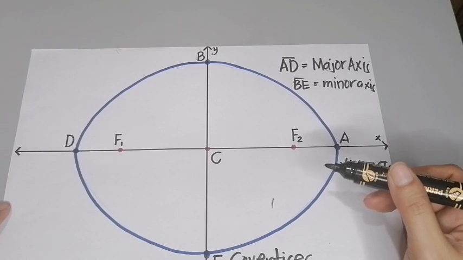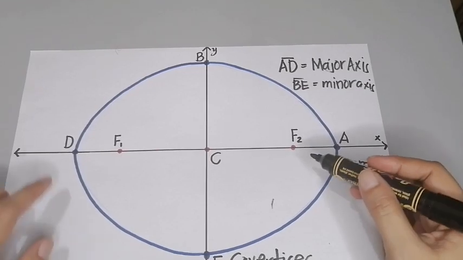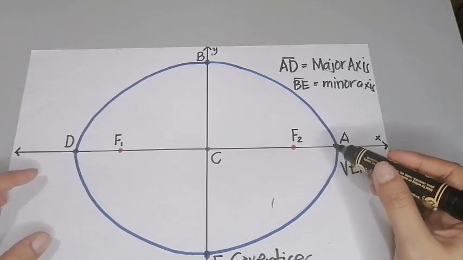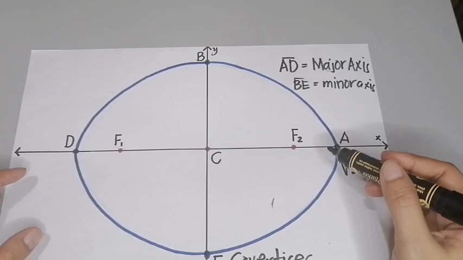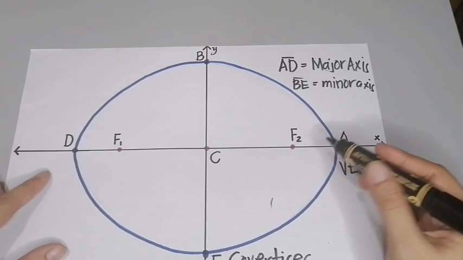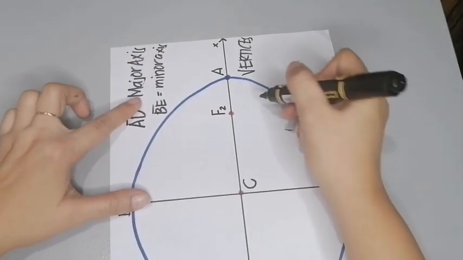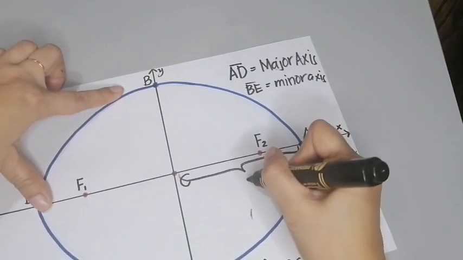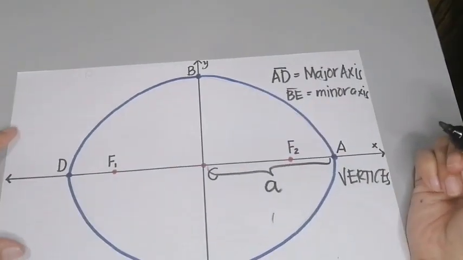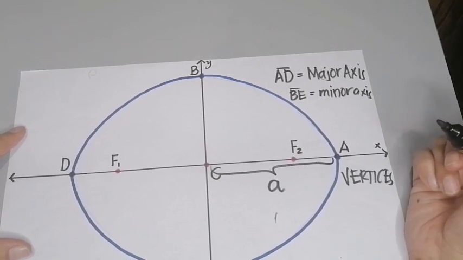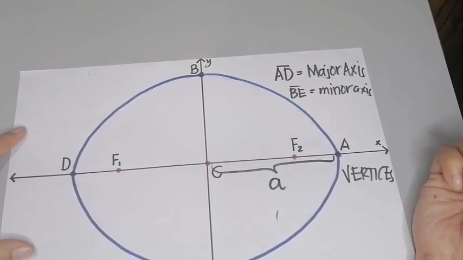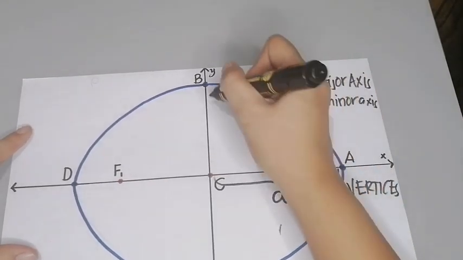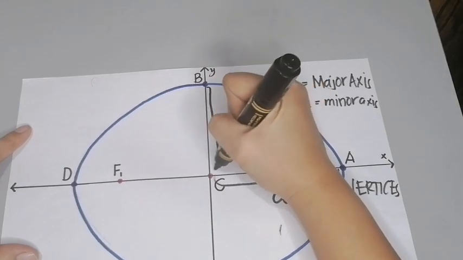The center separates each axis into 2 congruent segments. Suppose we let A represent the length of the semi-major axis CA. And we also let B be the length of the semi-minor axis BC.